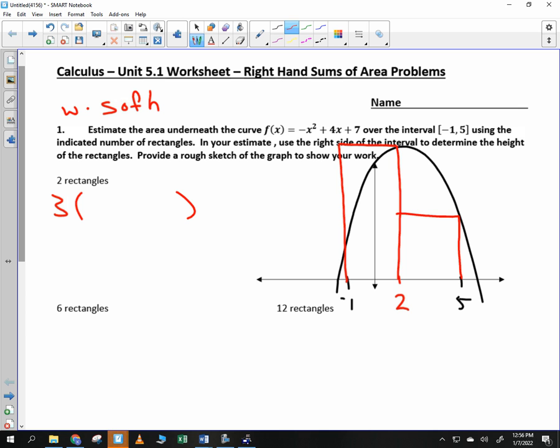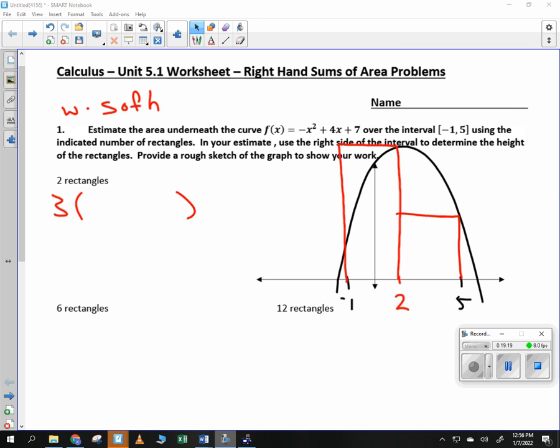Those are the spots where our heights are determined. Do you see that? You look at the interval and you move to the right side. You plug in 2 and that will give you 1 height. You plug in 5 and that will give you another height. Go ahead, see if you can see the problem the rest of the way. 2 rectangles, 6, 12, so on and so forth. Go. Give you a little bit of time.